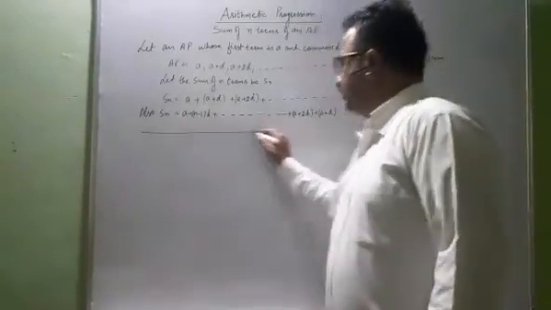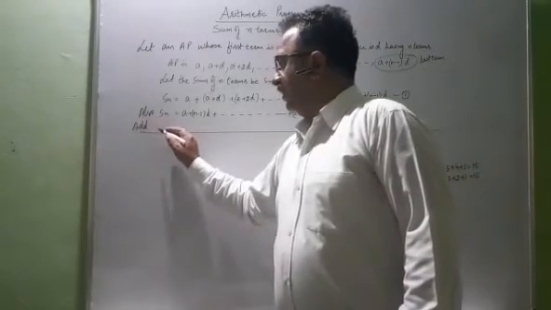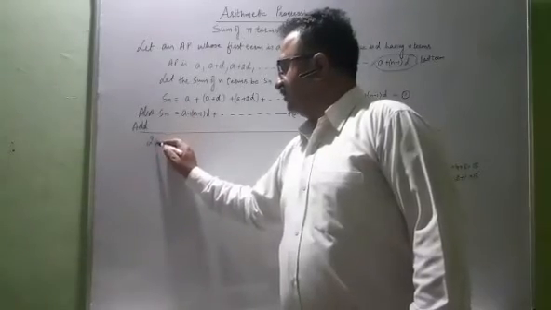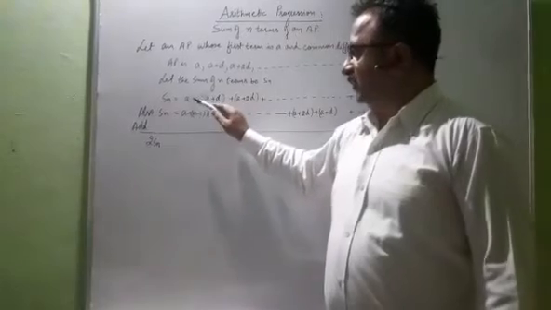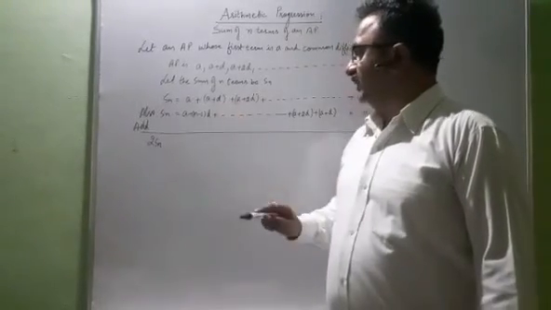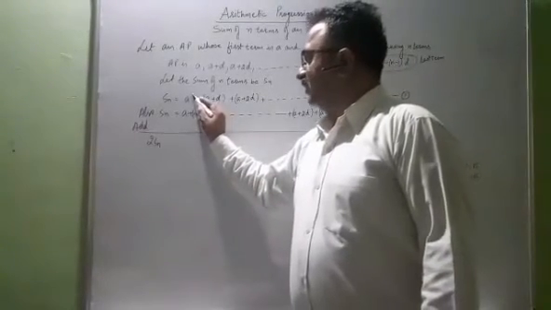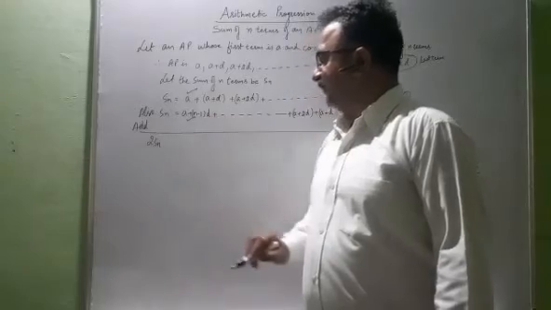Now, add these two equations. Sn plus Sn, left hand side, twice of Sn, these are like terms. Now, add vertically. This is the first term of the first equation. This is the first term of the second. So add this first term and this one.